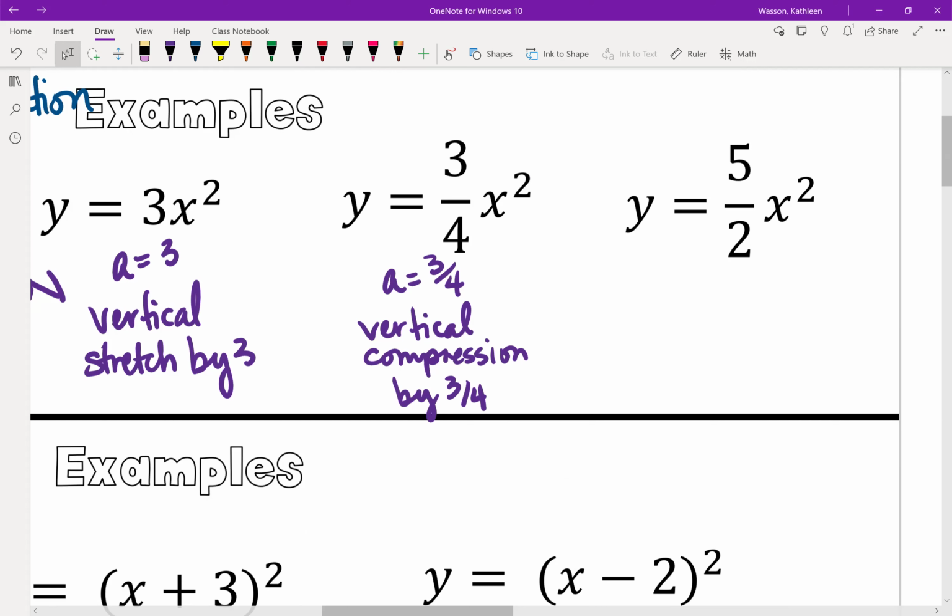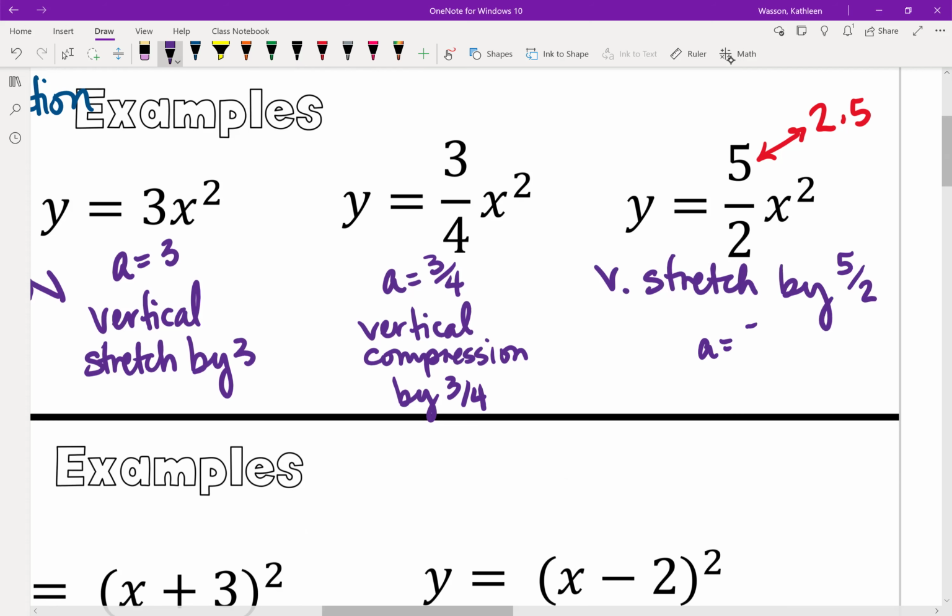I put this on here because many times people try to remember by if it's a fraction, it's compression, and if it's a whole number or an integer, then it's a stretch, and that's not necessarily true. 5/2 is 2.5. So if you're given 5/2 for an a value, that's a stretch. It's a vertical stretch by 5/2 when a is 5/2. You could also write 2.5.